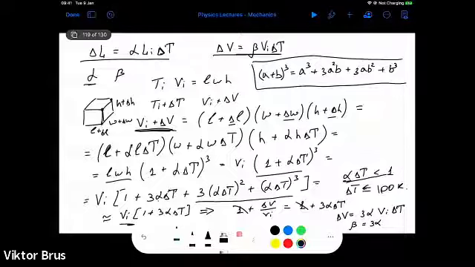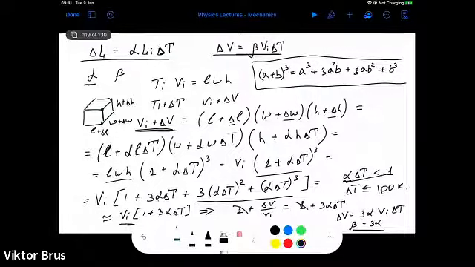So we get such a dependence between the linear thermal expansion coefficient and the volumetric thermal expansion coefficient.